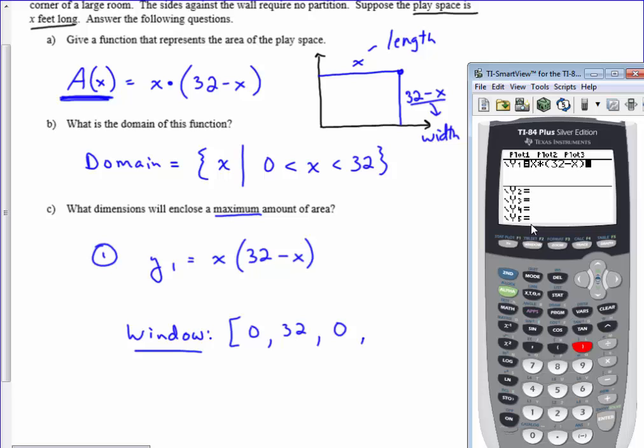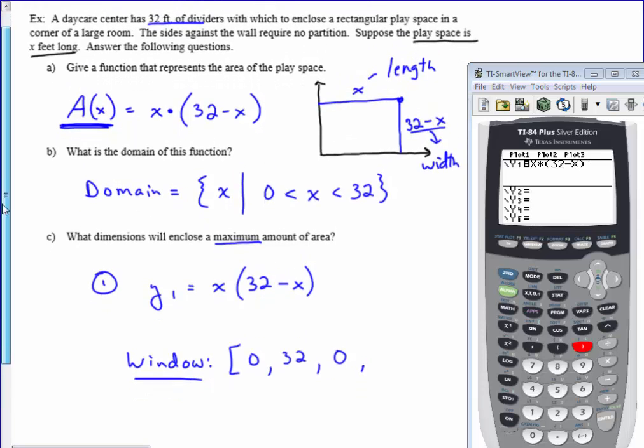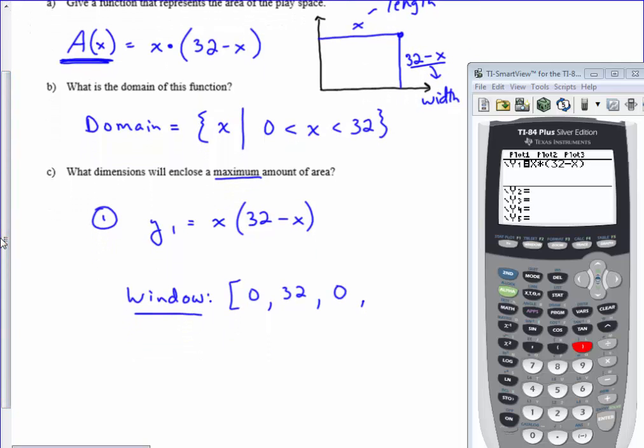Now, with the other number, we know it's going to be something relatively large. The total amount of dividers was 32, so if we're finding an area with that, it's going to be a relatively large number. So let's say that we make our maximum 100. If 100 is too large, we can always make it smaller.